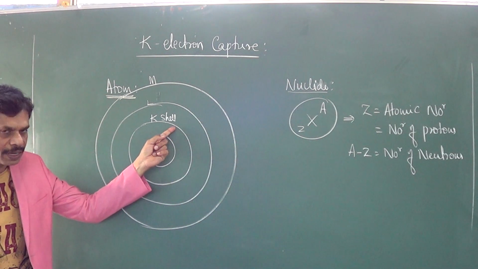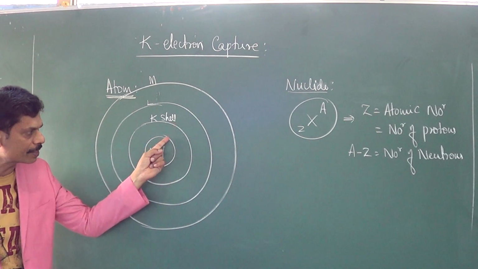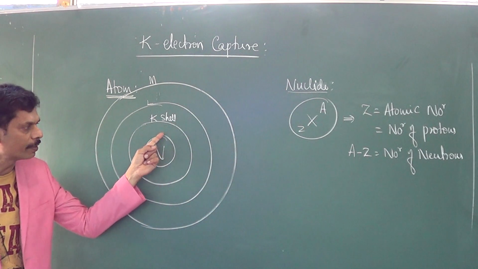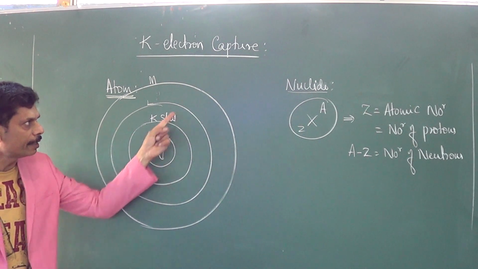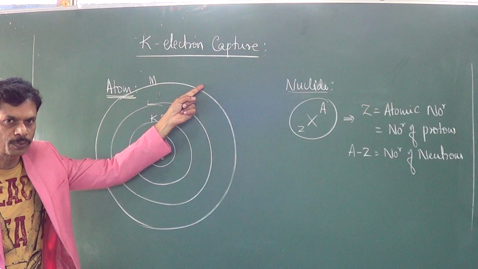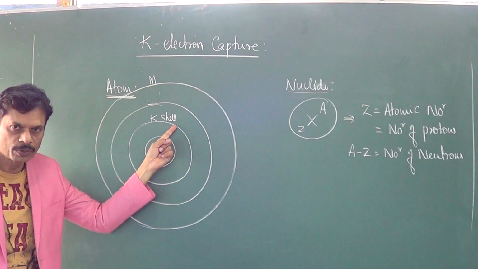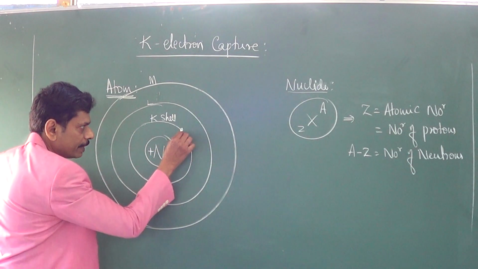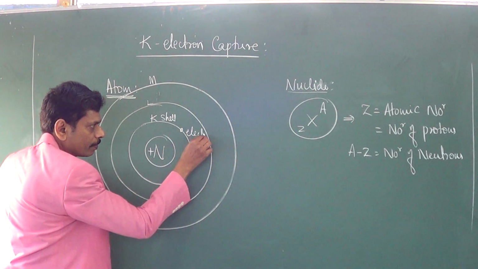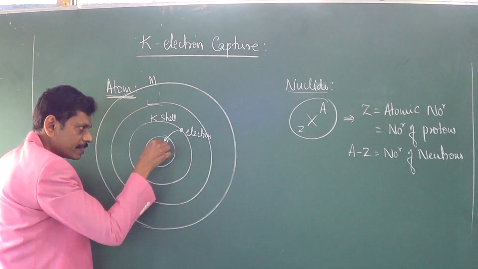why do we say K shell electron only? Because the K shell electron is closer to the nucleus, while the M shell electron is far away. Since the K shell electron is closer to the nucleus, it may fall inside the nucleus.